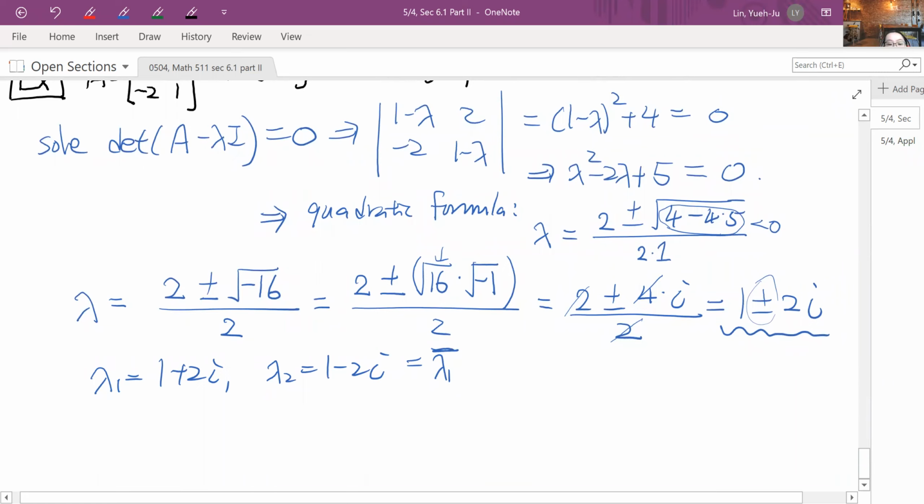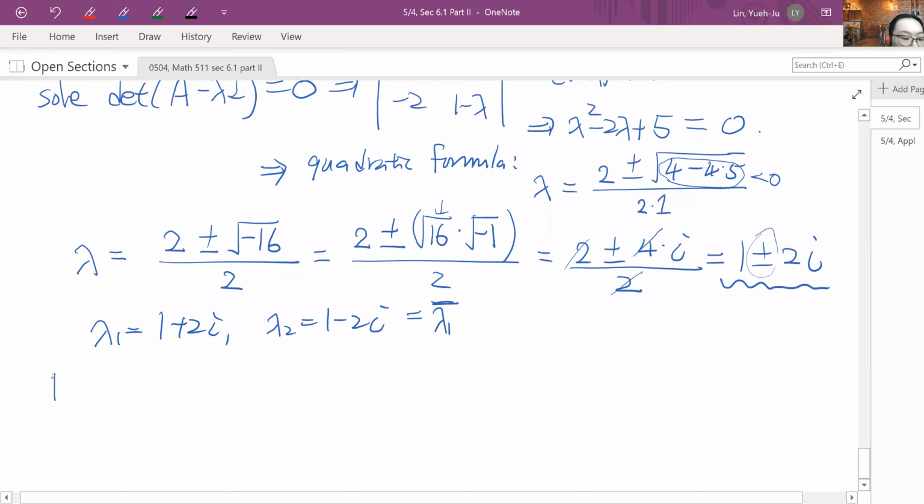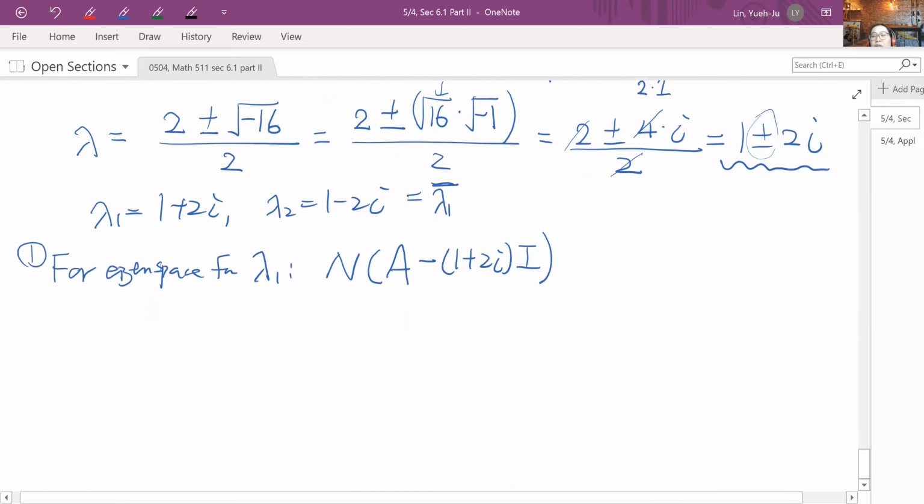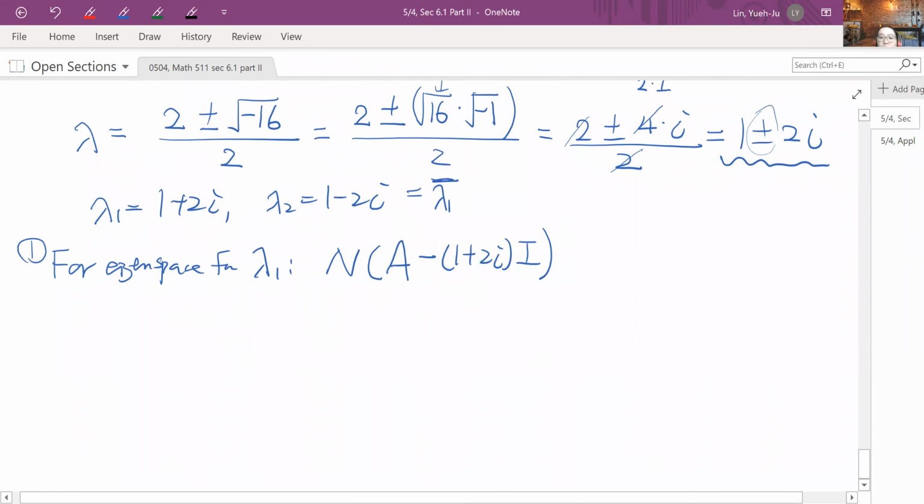Now the only issue is that we need to look for the null space, the eigenspace. So I'm going to do the computation here. For the eigenspace for lambda 1, I'm looking for the null space of A minus lambda I. This could be a little bit tedious because you will have the complex eigenvalue involved.